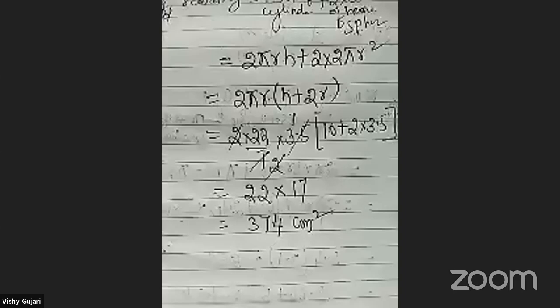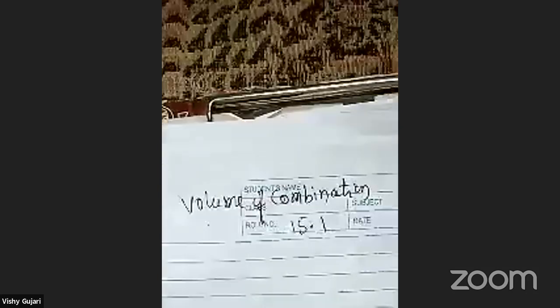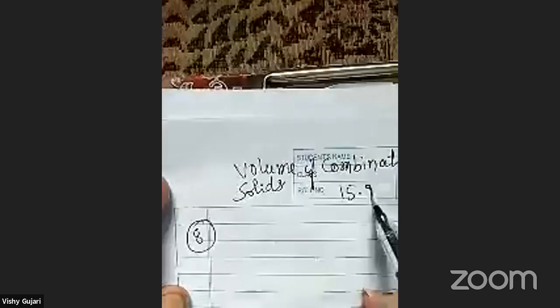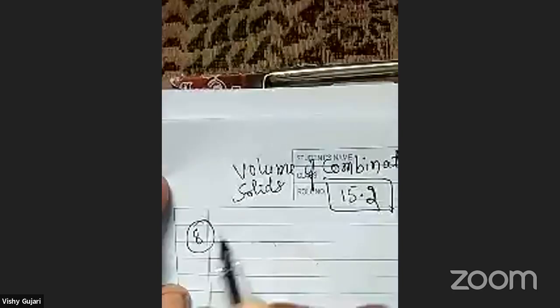Now coming to volume of combination of solids. That will be 15.2. Volume of combination of solids.